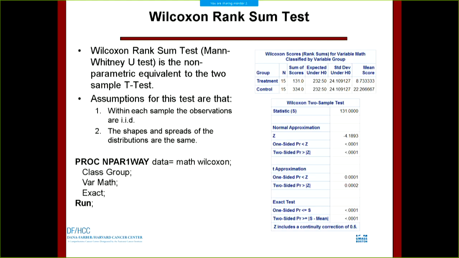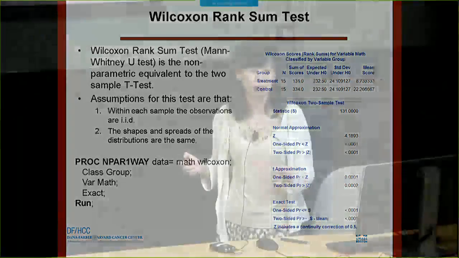This means the two populations, two groups, came from the same distribution shape. Then we can use the non-parametric test here.